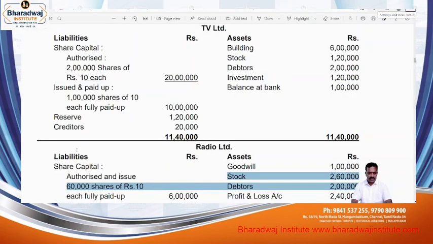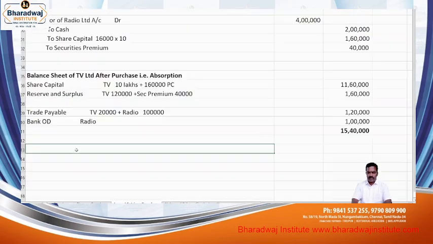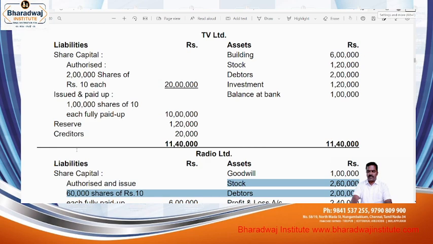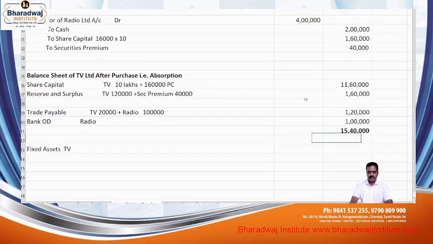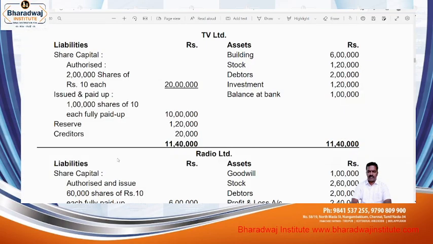Check the assets. What are the assets? Fixed assets. Only TV's, how much? 6 lakhs. Only fixed. Sir, bank OD 2 lakhs, sir. We'll see. We'll adjust and see. Some more adjustments might come.